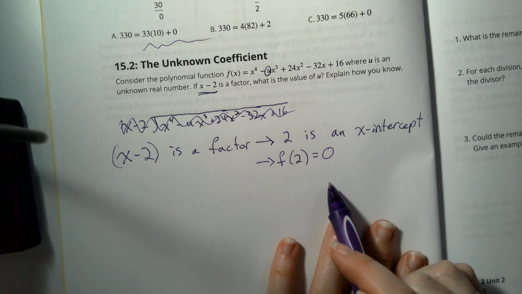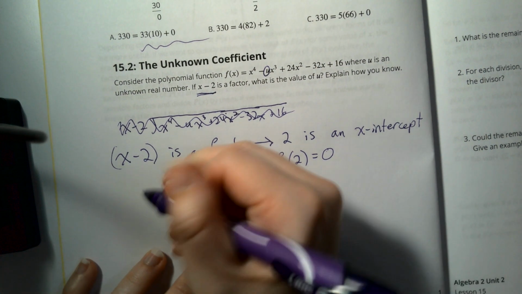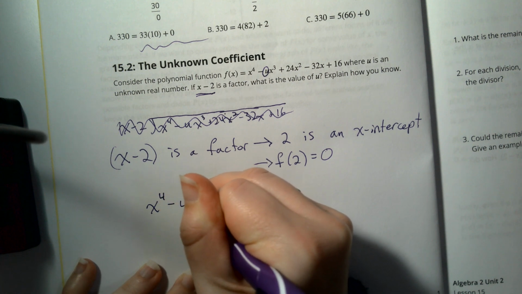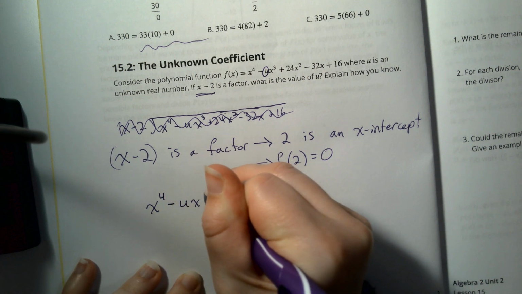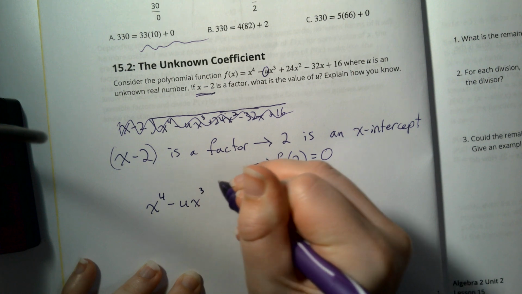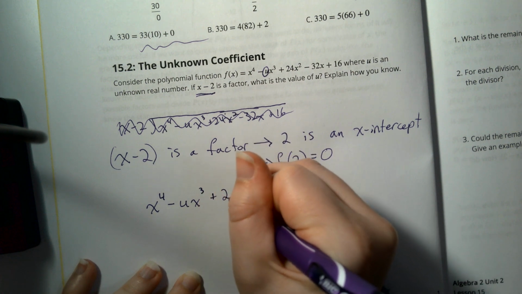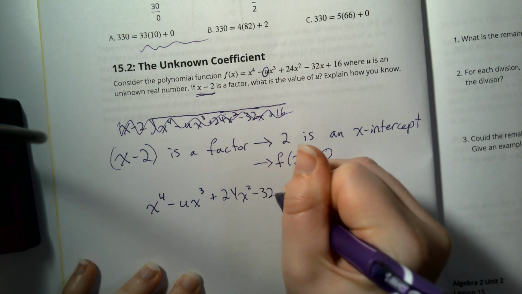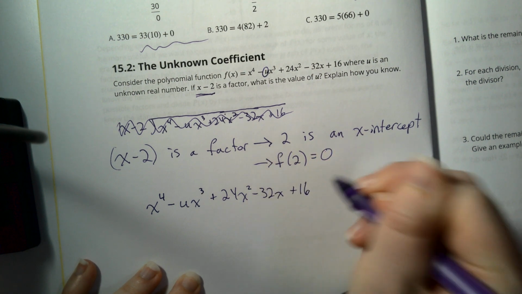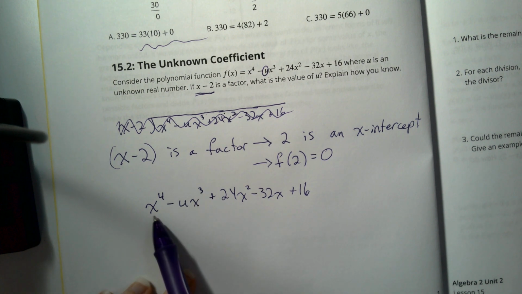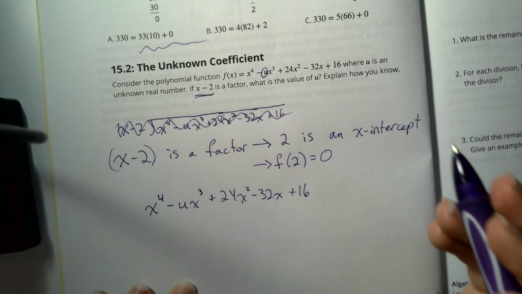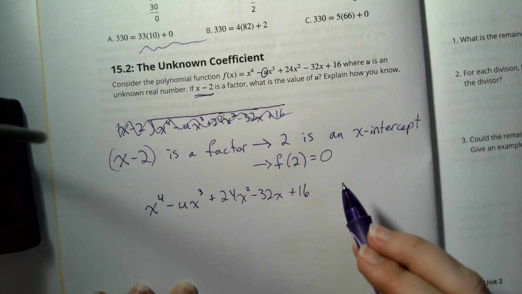Okay, so now how does that help us? Well, now we know that x to the fourth minus ux cubed plus 24x squared minus 32x plus 16, if we plug in 2 into each of these x's, we're supposed to get 0.